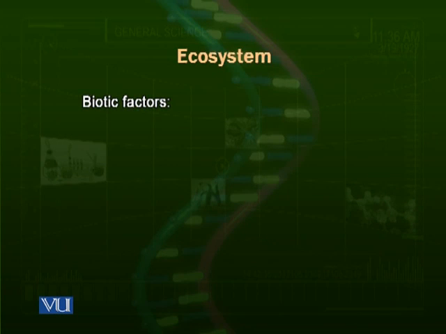Ecosystems have biotic factors. We are talking about only biotic factors, though an ecosystem consists of biotic factors and abiotic factors. Biotic factors are the living parts of the ecosystem: plants, animals, bacteria, fungi, viruses, all of the living components.